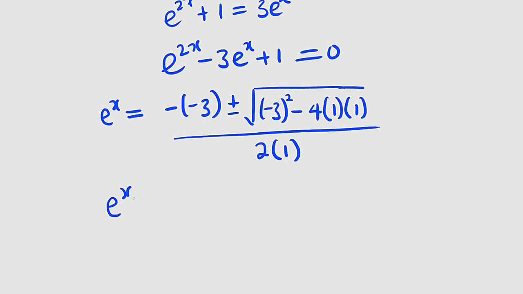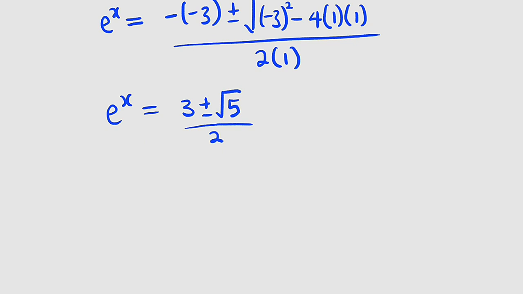So e^x is equal to 3 plus or minus the square root of, here we have 9, here we have 4, 9 minus 4 is 5. So this is 5, divided by 2.